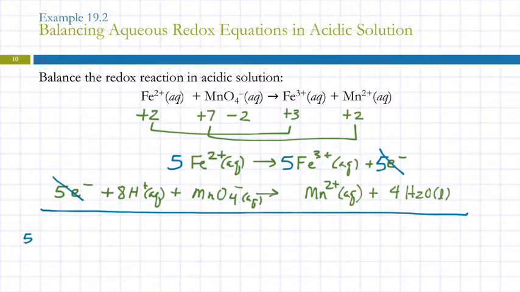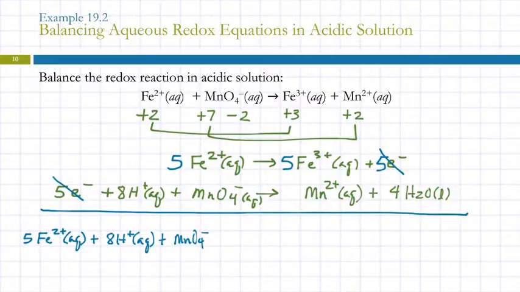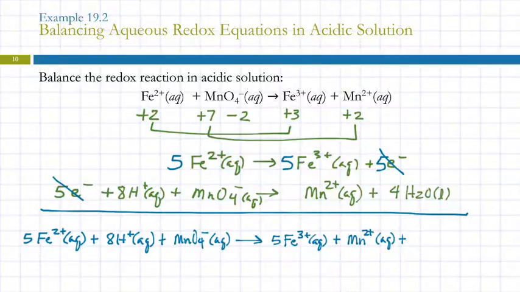So I end up with 5 Fe 2 plus aqueous plus 8 hydrogen ions plus permanganate ion forming 5 iron 3 ions and manganese 2 and 4 water molecules.